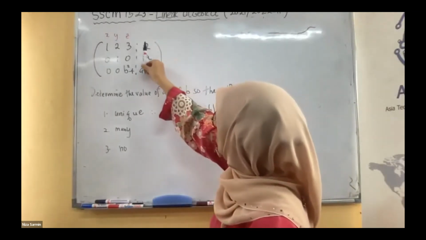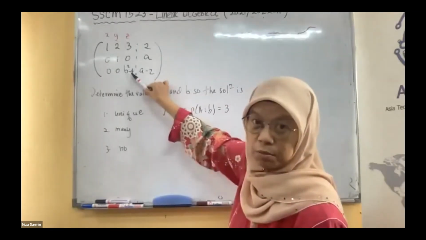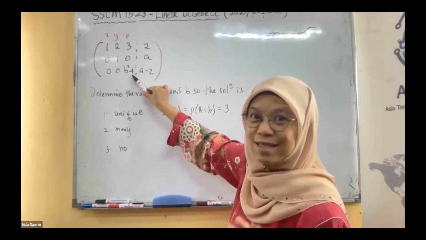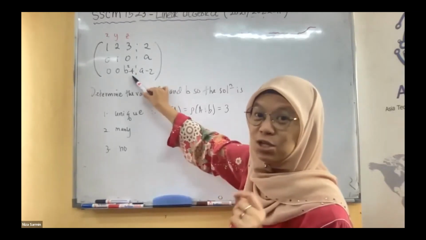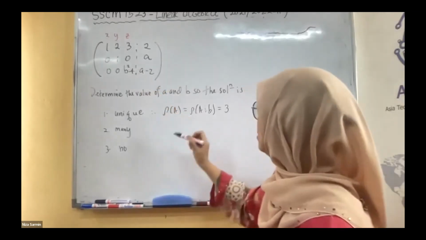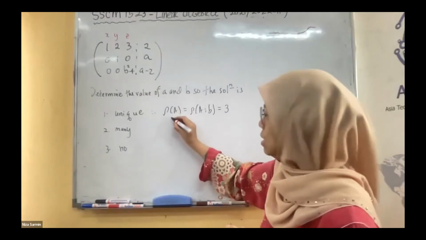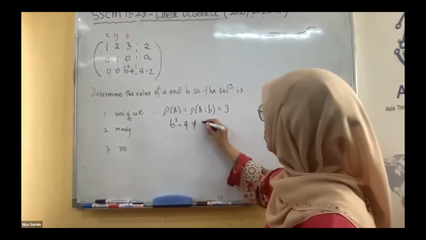How do you get 3? B squared minus 4 doesn't need to be 1. Later on we can make it 1, but as long as it is not 0. So the rank of A will be 3 if B squared minus 4 is not 0.